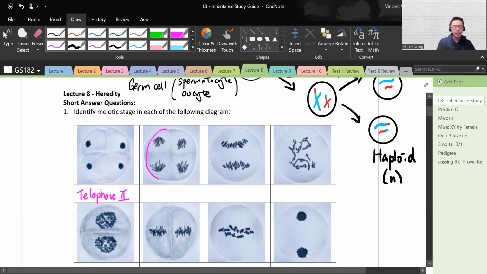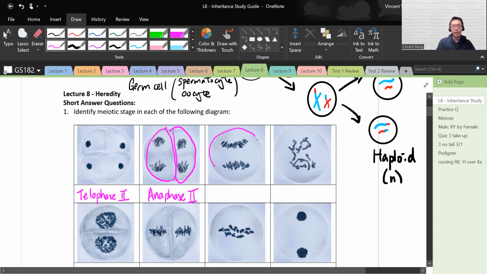Here we can see 2 cells, and the chromosomes are being pulled to opposite ends. Right? So the chromosome gets separated to opposite ends during the anaphase, right? But because we see 2 separate cells doing the same thing, so we know it was after the first division. That's how we know it's anaphase number 2.